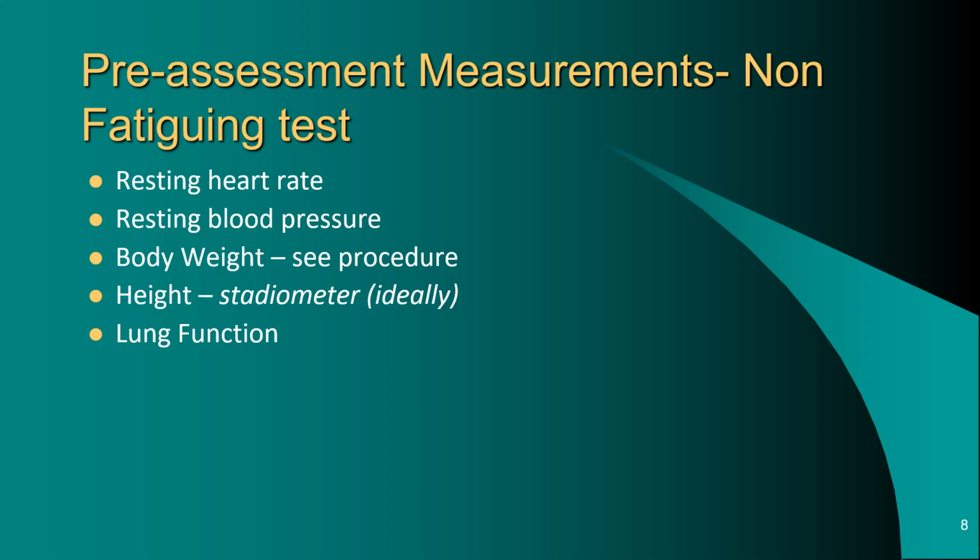Then height, you would again want to measure them. If you have a stadiometer, that's with the little bars that come on top of the head, those are the most accurate, but they may be a little bit more expensive. If that's not available, then you can have the client go up against the wall, back to the wall, feet all the way down. Make sure the heels are down, they're standing up tall.